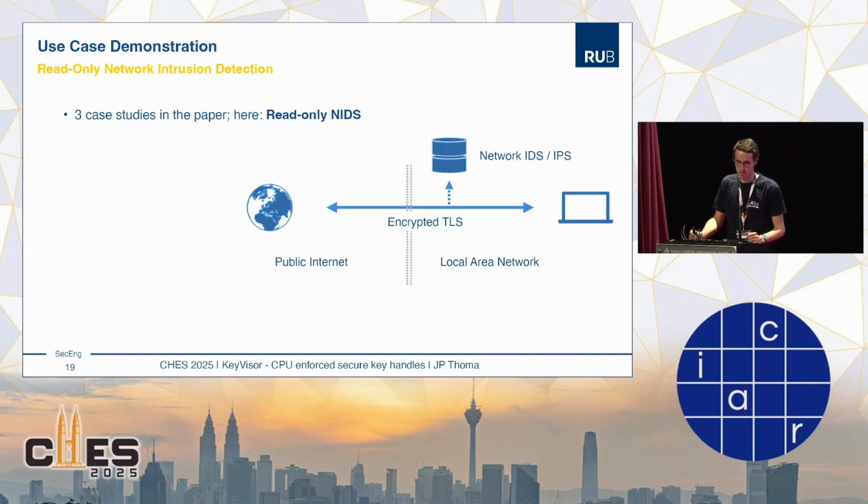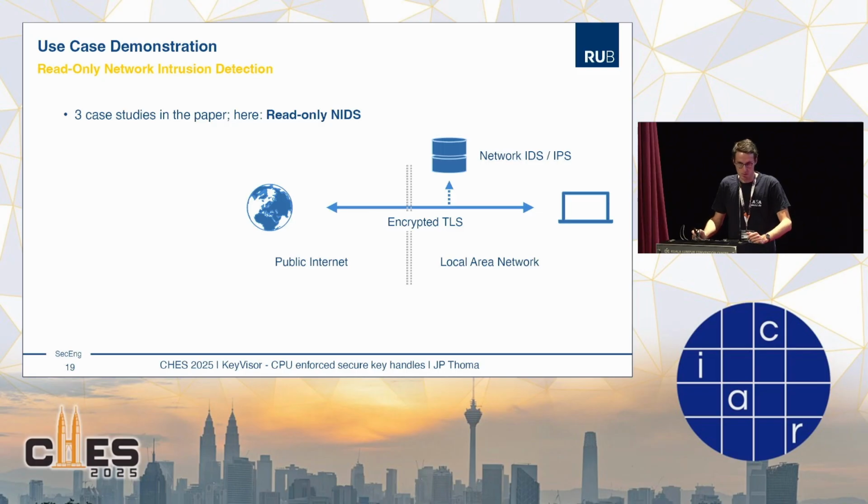So what they typically do is implement a next-generation firewall or a network intrusion detection system, which breaks open the TLS connection and inspects the content. Of course, for this, they need to have the key. So either you break the connection at the IDS, or you somehow provide the key to it.